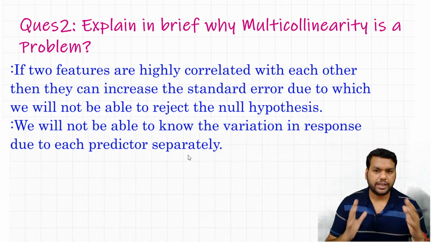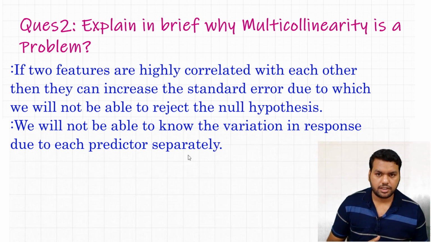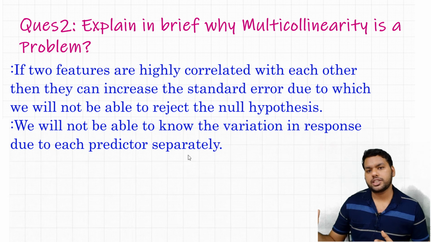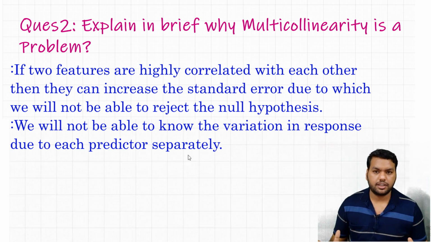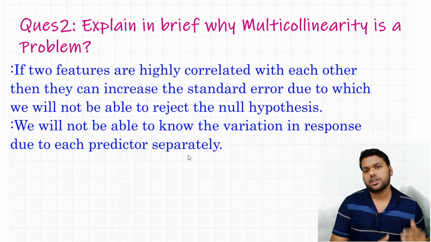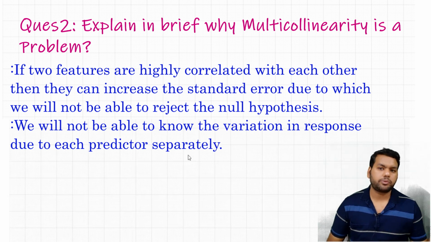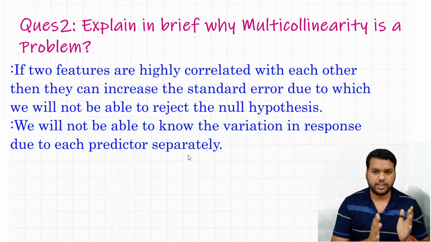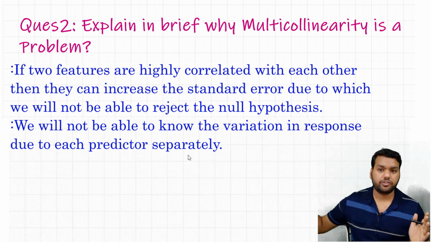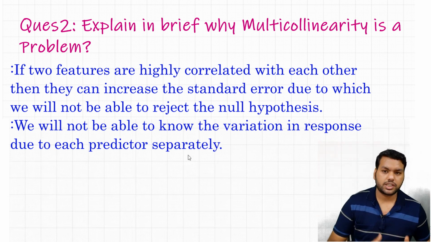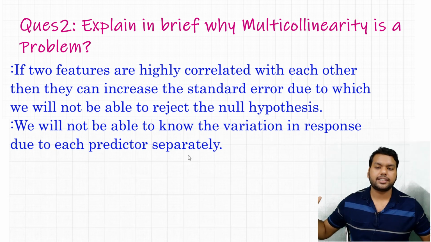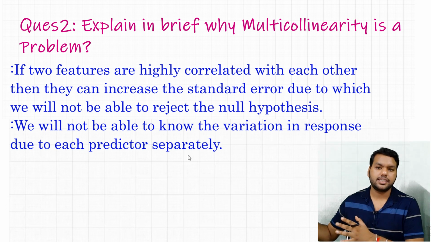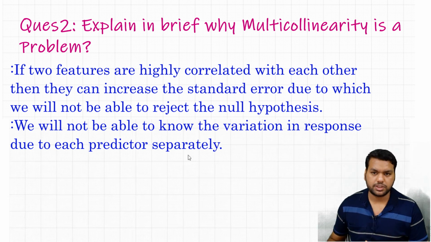If such a highly correlated combination is involved in the model fitting, then its coefficient can be 0 or not 0. It can be very near to 0 as well as very far from 0. So in that situation, the gap between the variables increases and the standard error increases. Then once the standard error increases, we are unable to reject the null hypothesis.